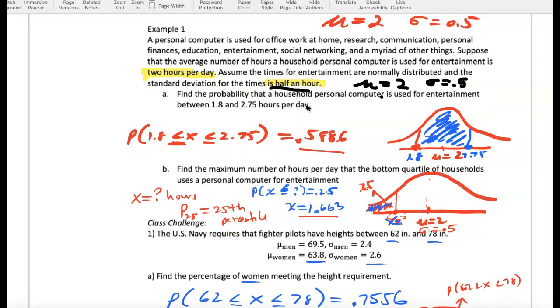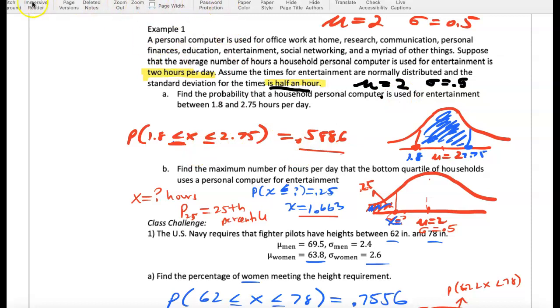What's powerful is that once we have this normal distribution, with the mean of 2 and that standard deviation, we can answer questions like: what's the probability that a computer is used between 1.8 and 2.75 hours? This question is different because it doesn't fall on one of your standard deviations.